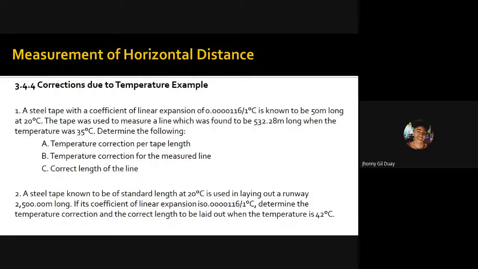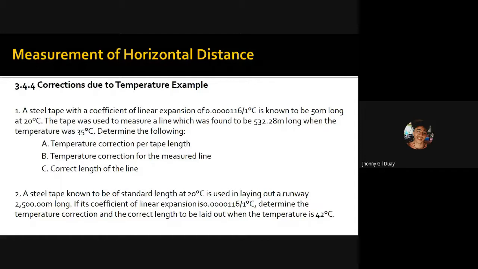Problem number 1, sir. A steel tape with a coefficient of linear expansion of 0.0000116 per degree Celsius is known to be 50 meters long at 20 degrees Celsius. The tape was used to measure a line which was found to be 532.28 meters long when the temperature was 35 degrees Celsius.